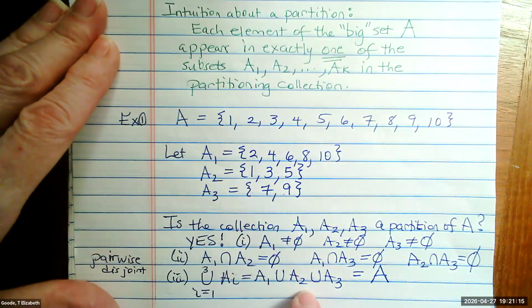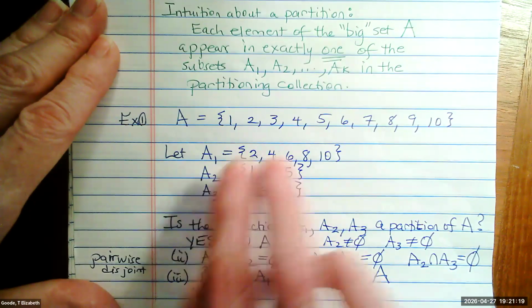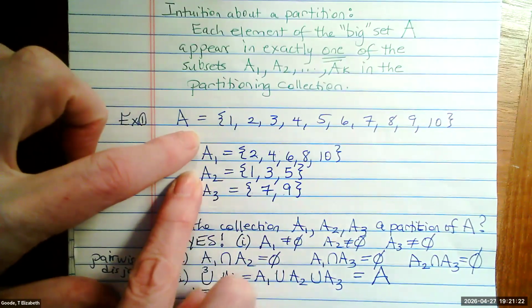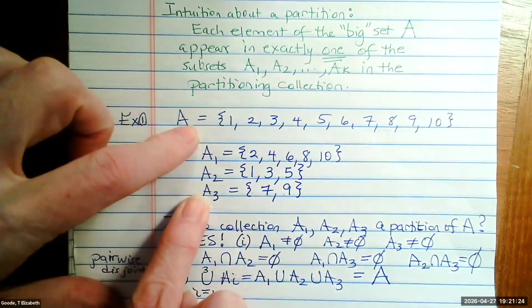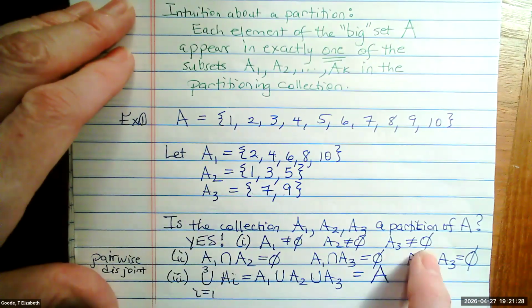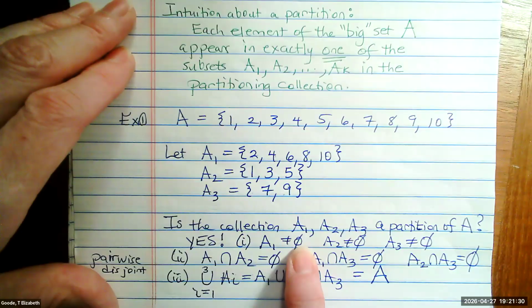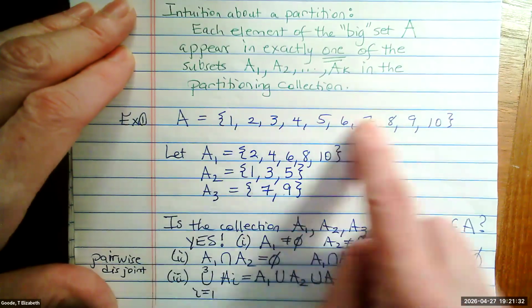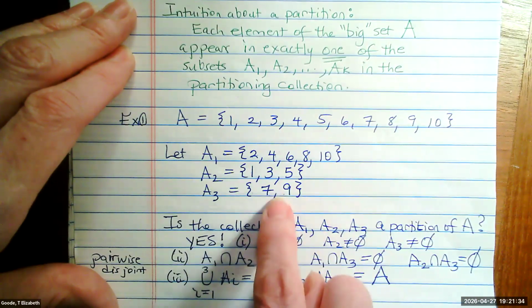And these properties, like when we intersect any two of these together, A1 intersect A2, A1 intersect A3, A2 intersect A3, and check that those intersections are empty, that's where we're verifying that no element of A appears twice.